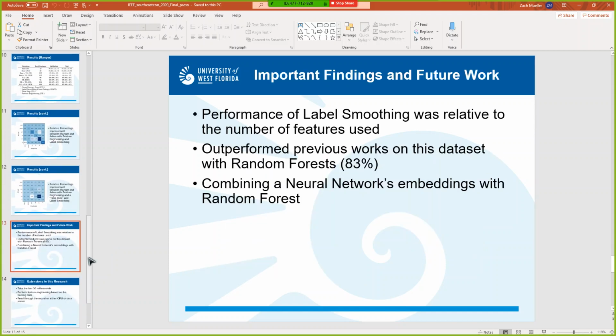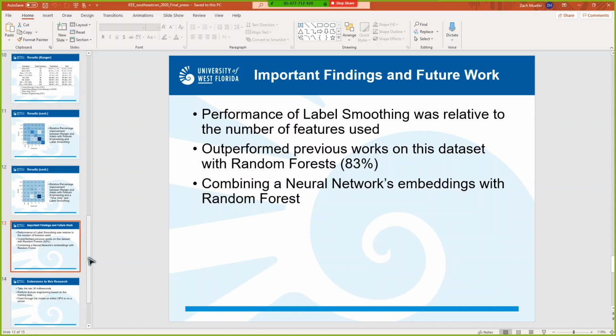Now, a quick sum up of what all this means. We saw that the performance of label smoothing was relative to the number of features that were used.